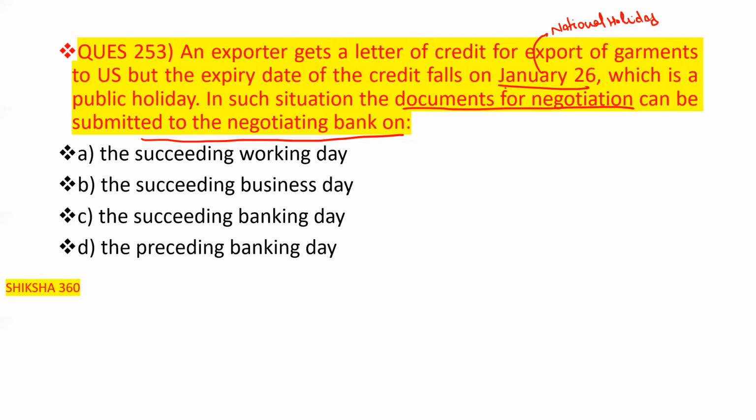First of all, I will discuss the theory related to this, that is, change in expiry date. Please remember these things, very important. There are two cases. The first one is the known holiday.